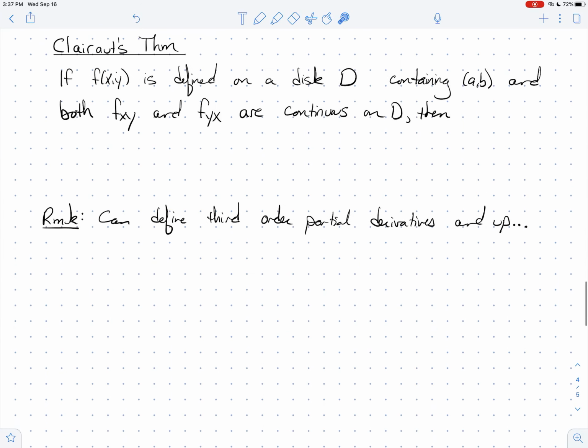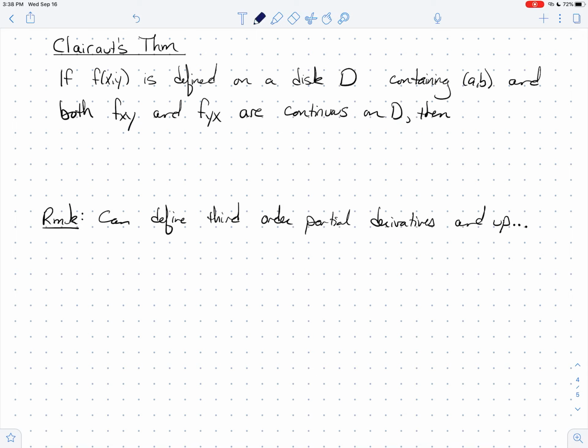So Clairaut's theorem says that if f is defined on a disk D containing the point you're interested in, and both the second order partials, fxy and fyx, are continuous on this disk. And when I say disk, I literally mean a circle around your point.